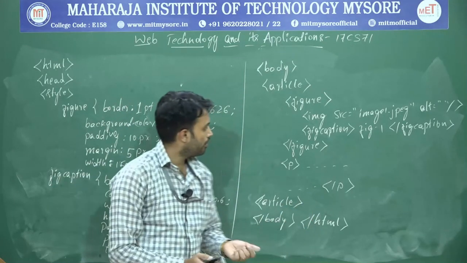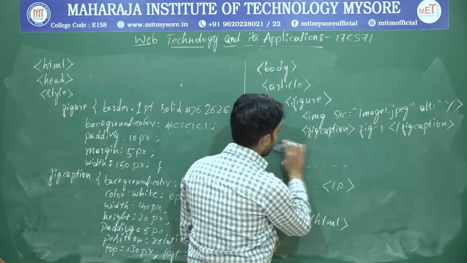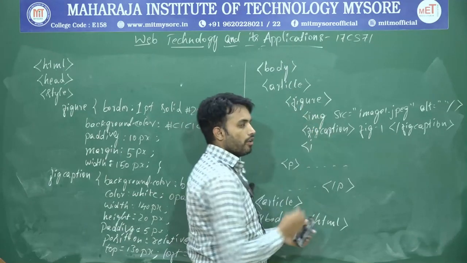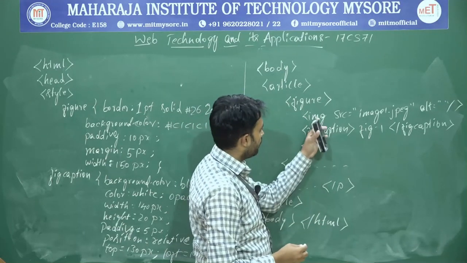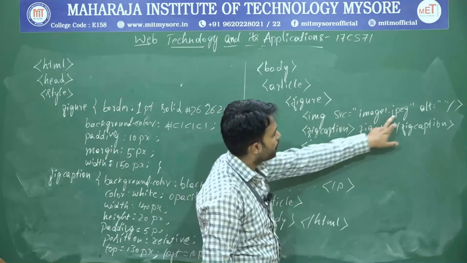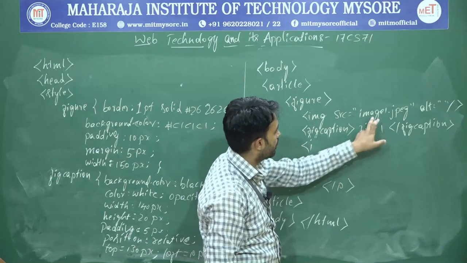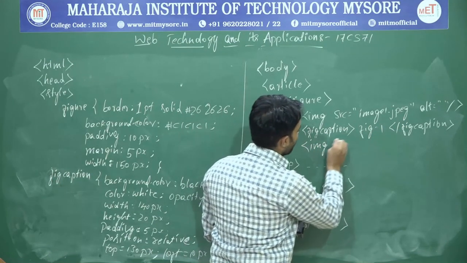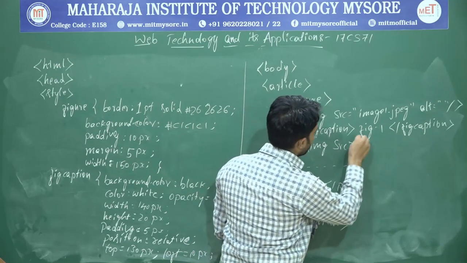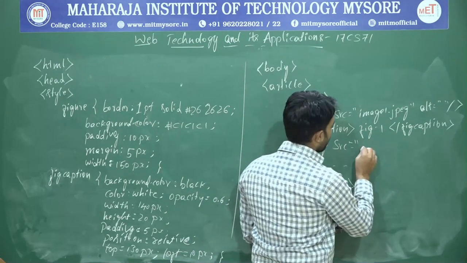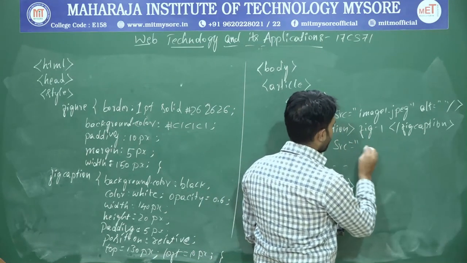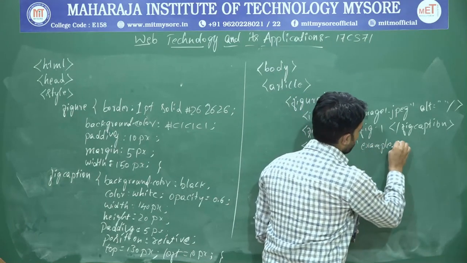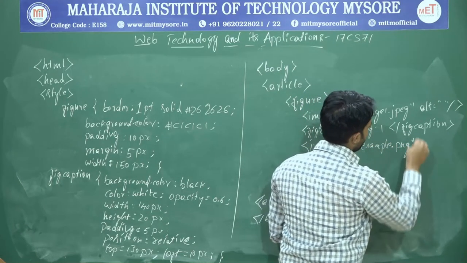Now we'll move into the example. Assume that here we have two images within this figure. Let us consider one image is image1.jpg, and the caption for that image is Figure 1. And the second image is the source example.png.